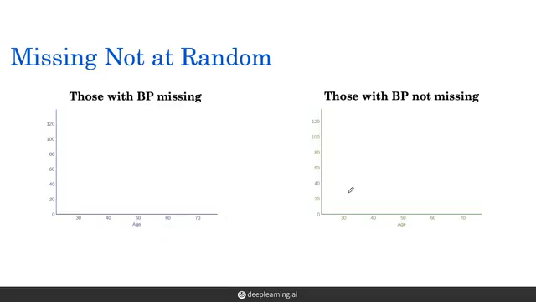And so when we look at the population with blood pressure missing and with blood pressure not missing, and let's say we were looking at age, we might see that both of them have a very similar distribution, and we can't tell just by looking at this that the data were actually missing not at random, because this looks very similar to what we would see if the data were missing completely at random as well.